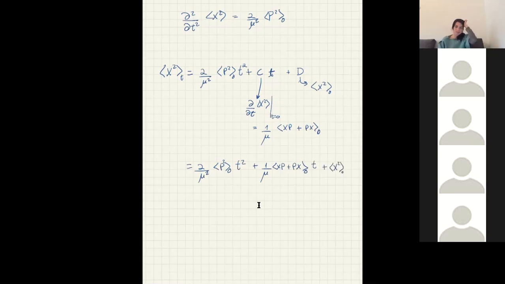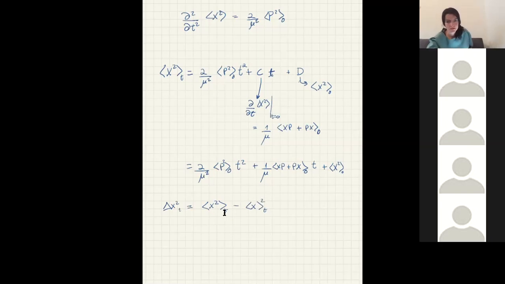So where did we start? What were we trying to do again? We were trying to compute the variance of x. So we go back again to the variance of x squared. This was x squared minus, again at some time t, minus x squared at some time t, right?